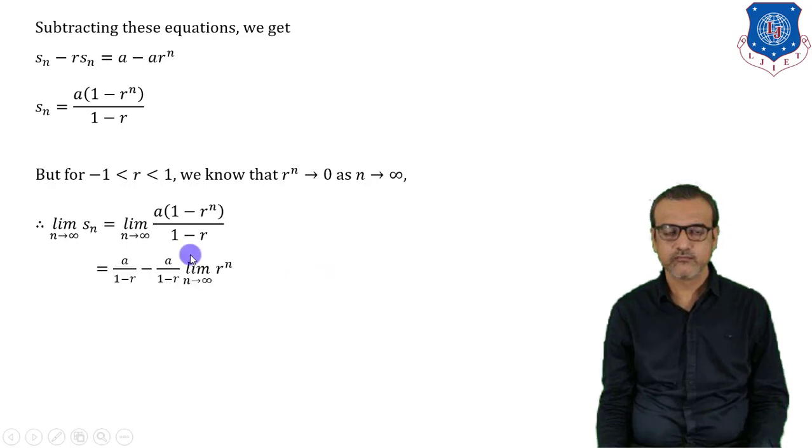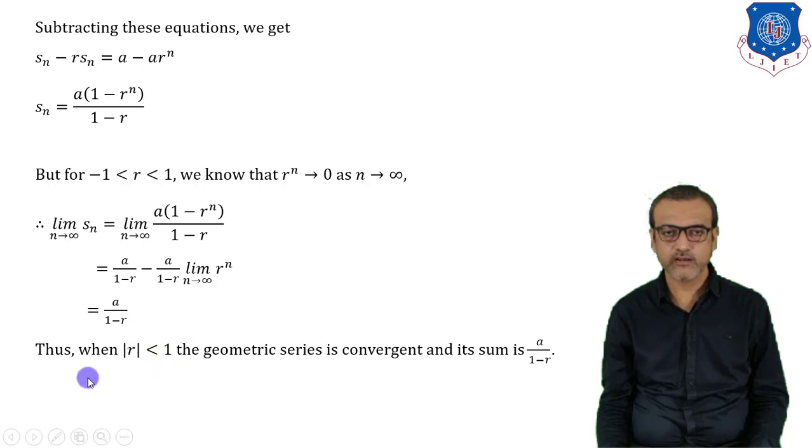Now applying the limit to these two terms, a divided by 1 minus r is a constant value, as it is not a function of n, so it stays as it is, and minus a over 1 minus r is multiplied by the limit as n tends to infinity of rⁿ. As you know, as n tends to infinity, rⁿ tends to 0. So this is going to be 0, and if you multiply 0 by this value, you will get 0, and we have a over 1 minus r.